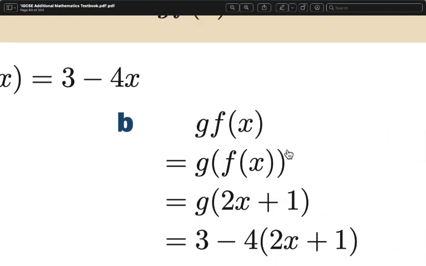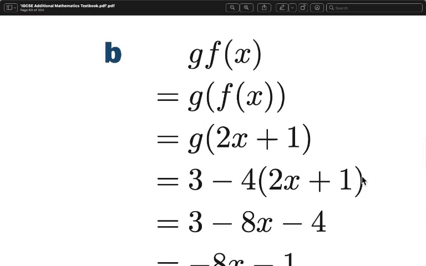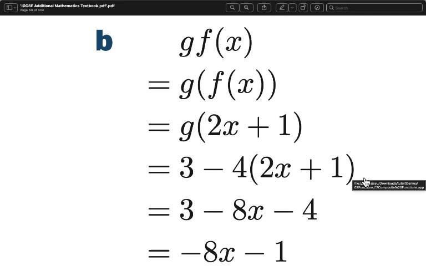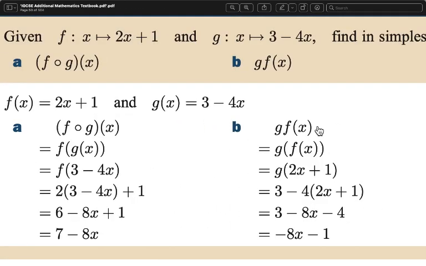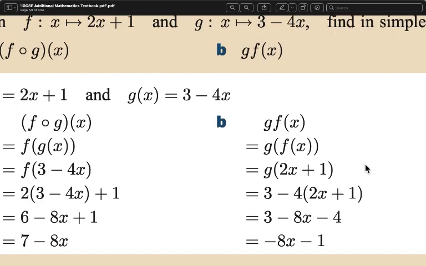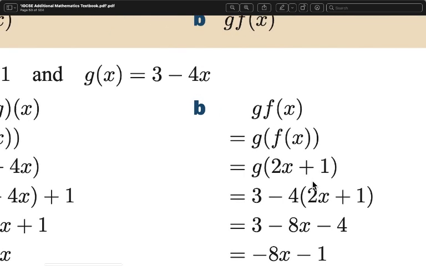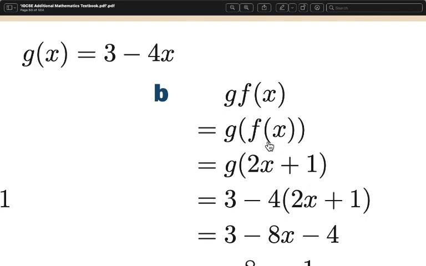For g of f of x, you change it to a simple notation first to help you not make confusions in the middle. So the f of x value is 2x plus 1. You substitute the value here, and now the new value of y for the g function will be obtained based on the 2x plus 1 value of x.